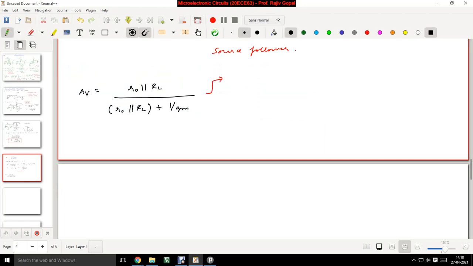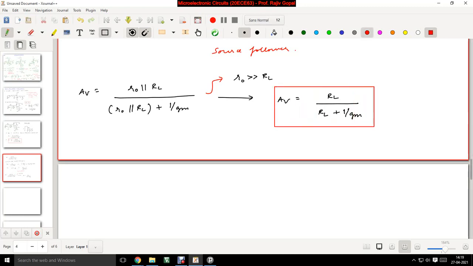R naught again is a very high value, and it is also greater than RL. Again, it depends on how much RL you have taken, but generally speaking R naught is greater than RL. Then in that case, this AV expression will also become RL divided by RL plus 1 by Gm. So this is another expression you can keep in mind.